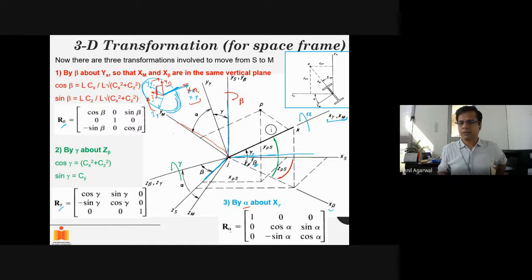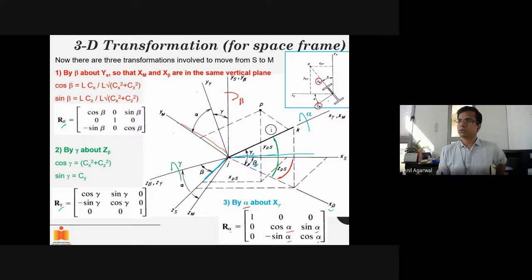For that you will need the cos alpha and sin alpha values. What are these values basically? We will see through an example in a minute, but basically, you would have a member and the local coordinate system, let's say Ym and Zm.